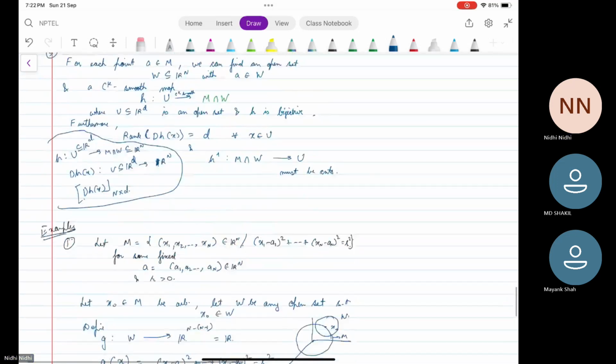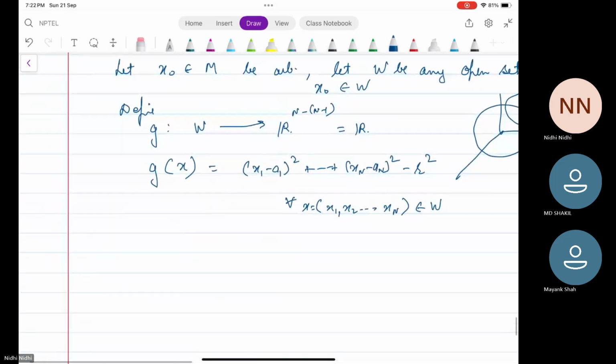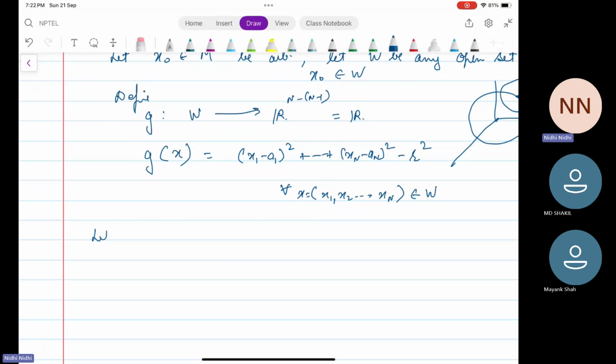Now let y belong to the set of all those points x in W such that G(x) is equal to 0. Suppose y is (y1, y2, ..., yn).